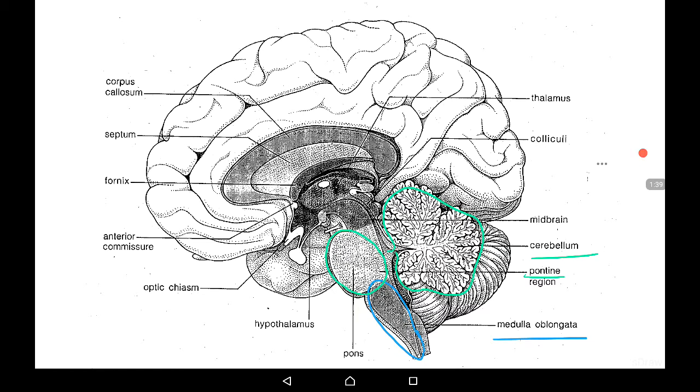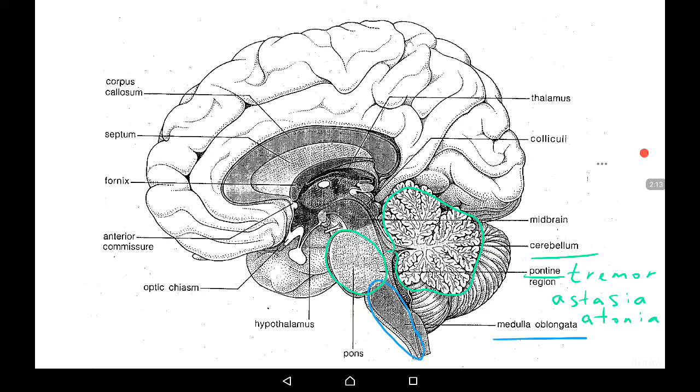The cerebellum is responsible for the coordination of body movements, for autonomic regulation of muscle contraction, for autonomic control during the muscle contractions. It also takes part in the control of the muscle tone.